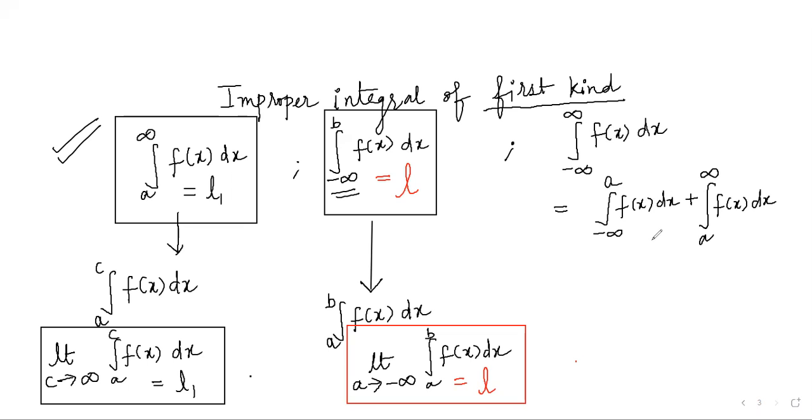So this will be the approach for this third case. We will be writing it as a sum of two integrals. Both of these integrals are improper integrals. We will be checking them in the way we have done for the previous two cases, and we will be making a conclusion whether this improper integral is convergent or not.